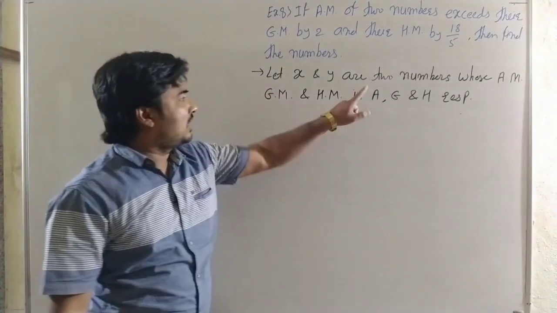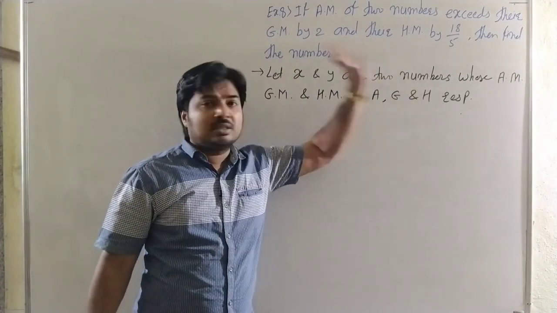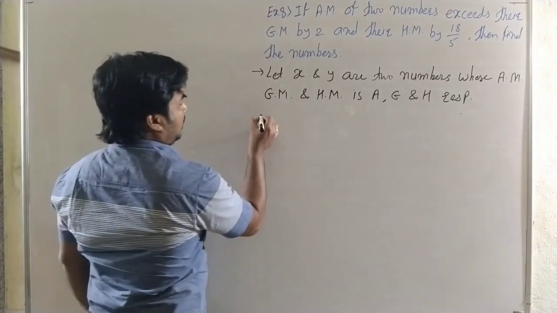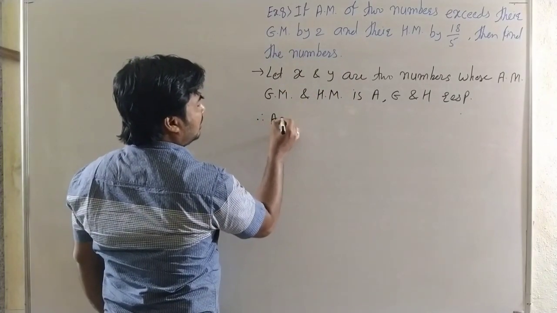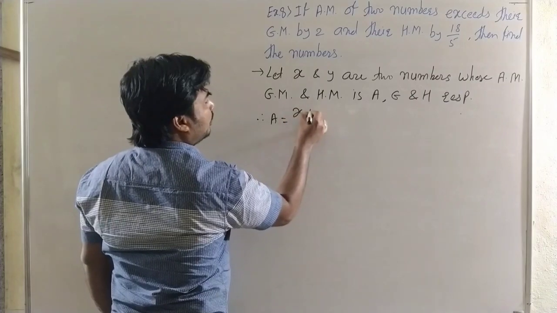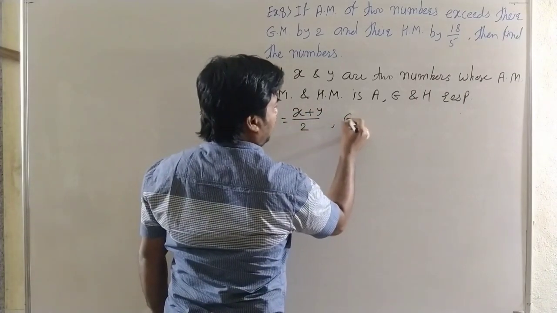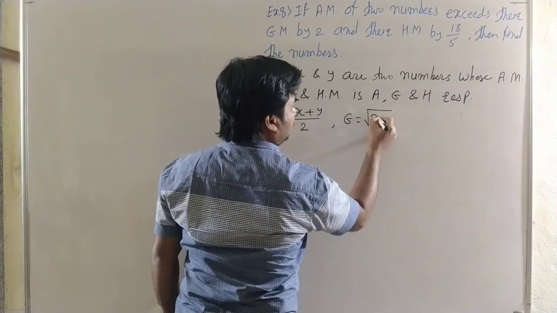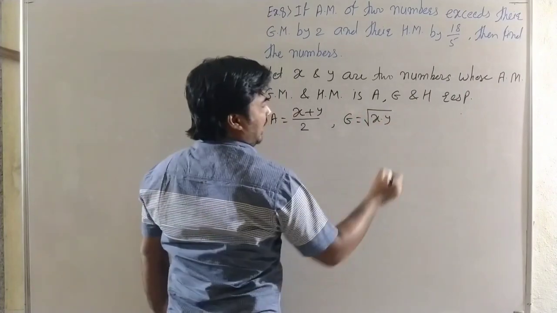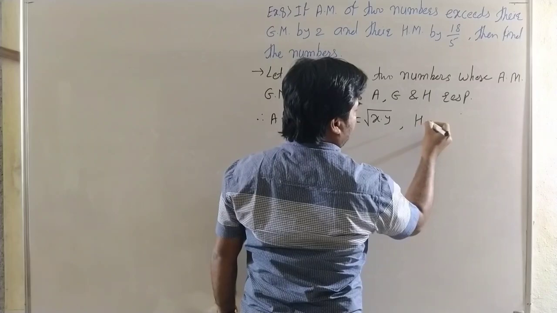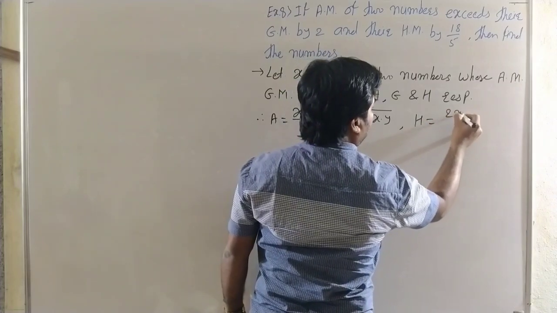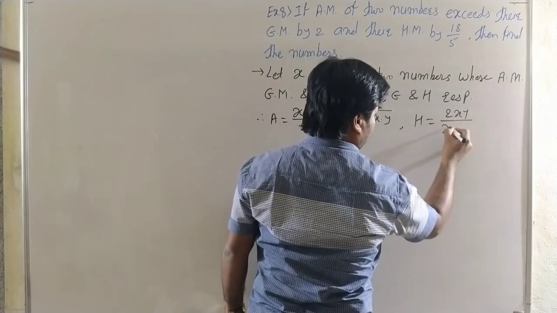Therefore we know that the arithmetic mean is a equal to x plus y upon 2, the geometric mean is g equal to under root of x into y, and the harmonic mean is h equal to 2 into xy upon x plus y.